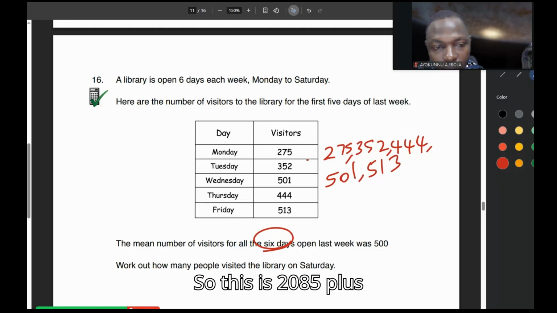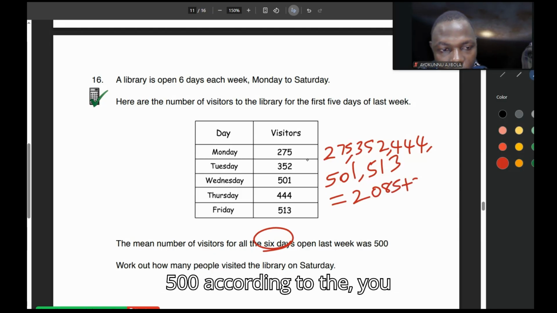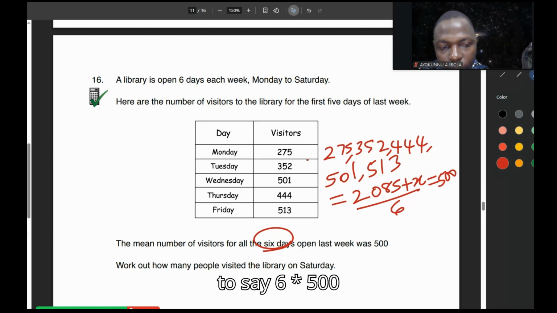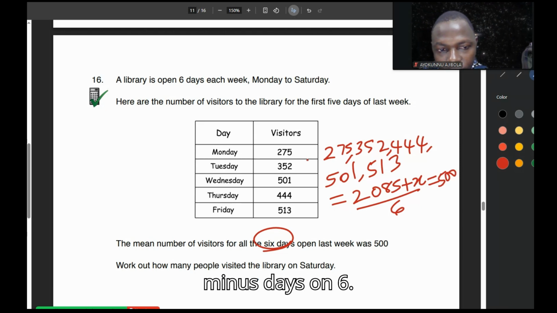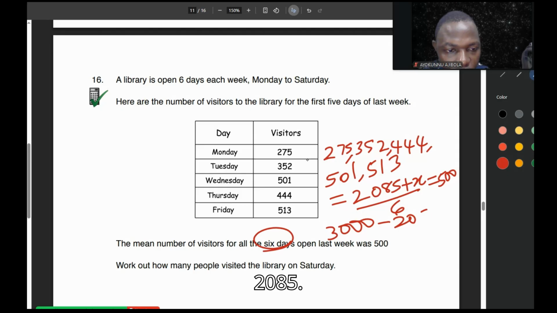That's 2085. So this is 2085 plus Saturday over 6 will give us 500 according to the question. So we're going to say 6 times 500 minus this one. 6 times 500 is 3,000 minus 2085.